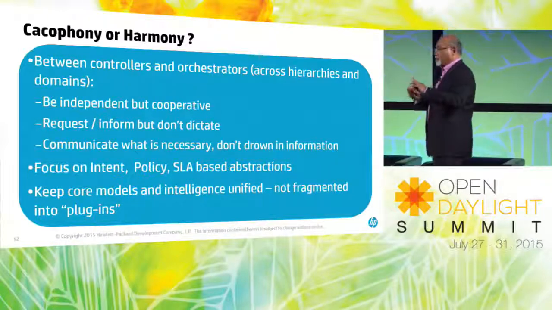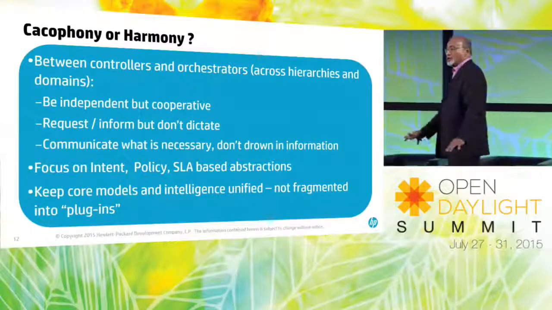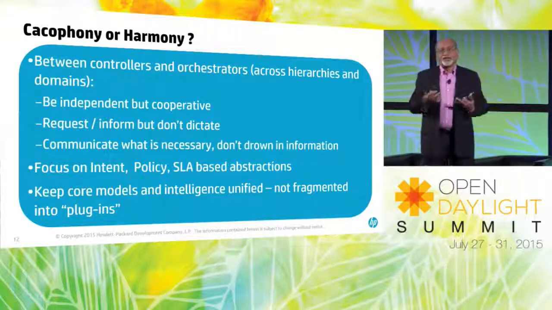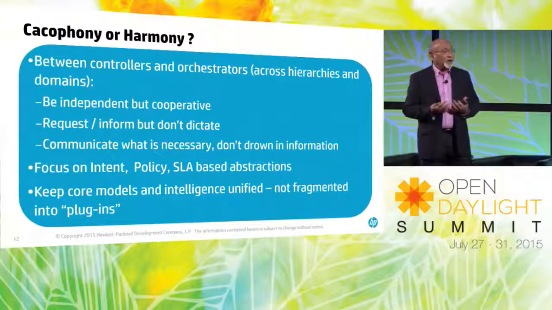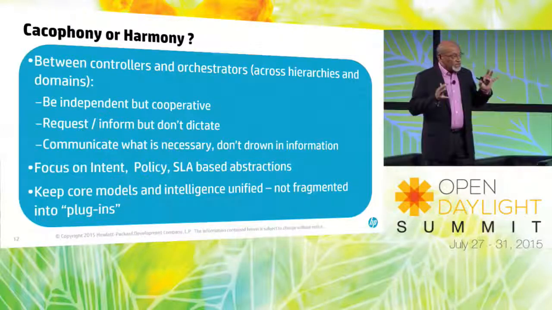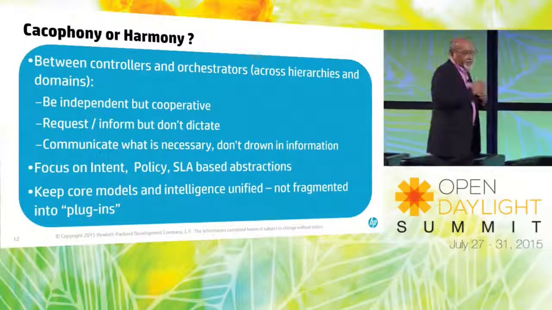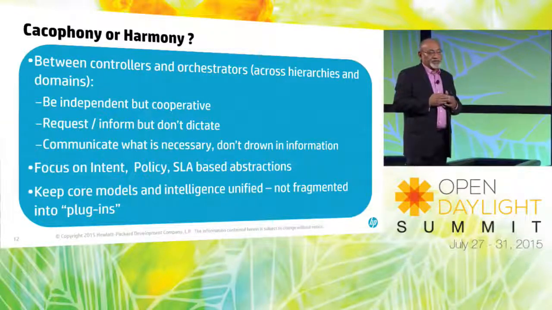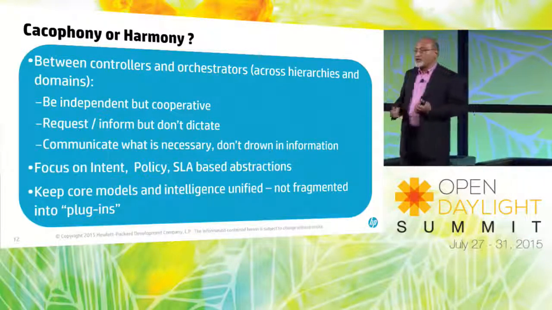And let's not fragment or delegate those into the underlying plugins, because that unified model and the unified service layer is where the value of all this comes from. If we can keep that and abstract those capabilities away for the applications into a policy-based infrastructure, I think we'll achieve the harmony we're looking for.